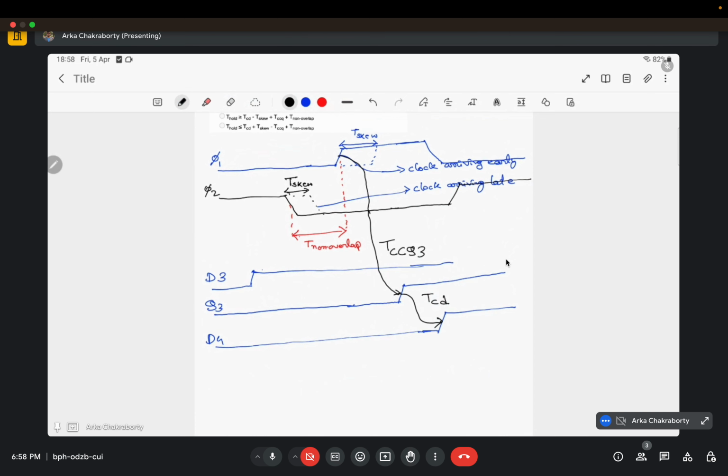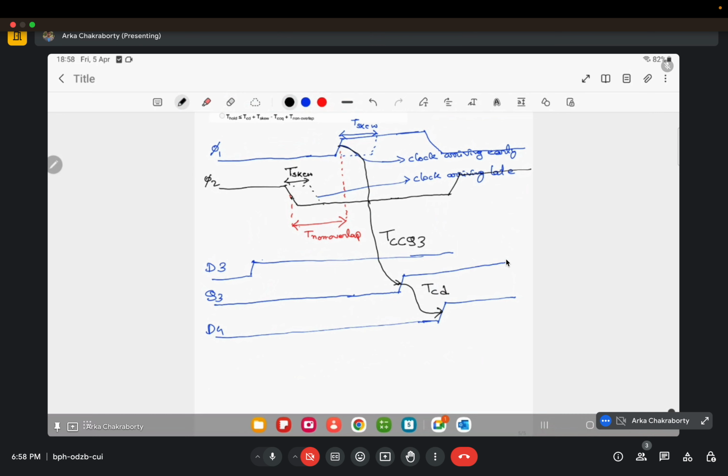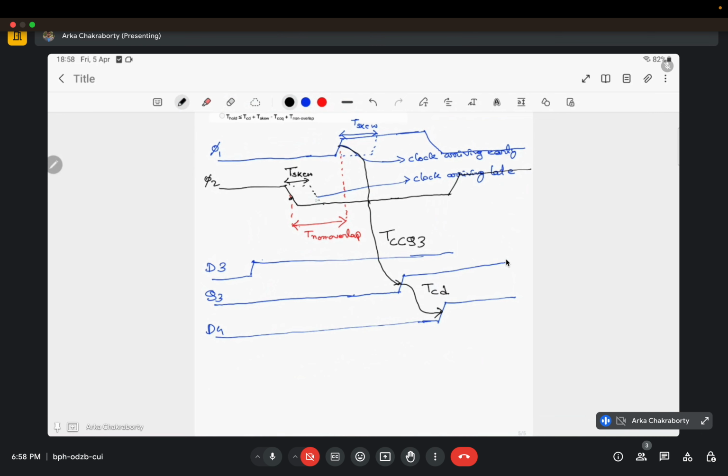Okay, now my T hold I have to consider as non-overlapping time has reduced, so my T hold would be from here. Instead of finding from here, it would be from here, because T skew is considered. So this would be my T hold.